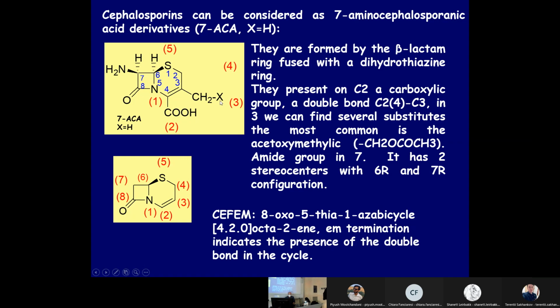You can see the presence of this atom, X. This atom is a good leaving group. In the case of cephalosporins, we need an optimal leaving group.